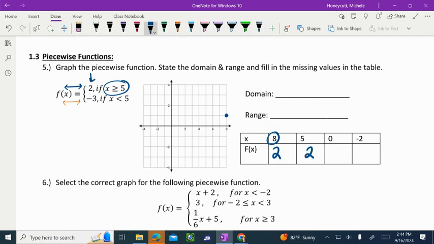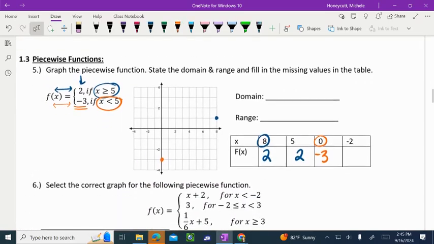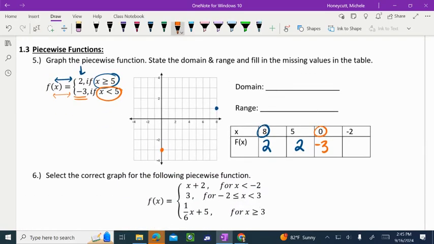If the input is 0, then I'm going to start to use the second formula because 0 is less than 5. So my output will be -3. So there will be a point at 0, -3. And if the input is -2, the output would also be -3 because -2 falls in the same category.